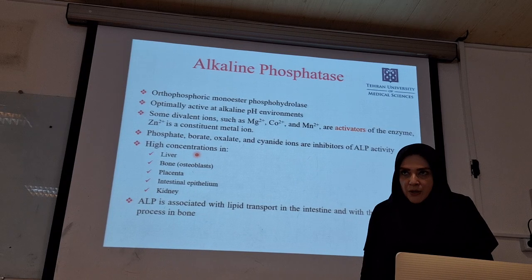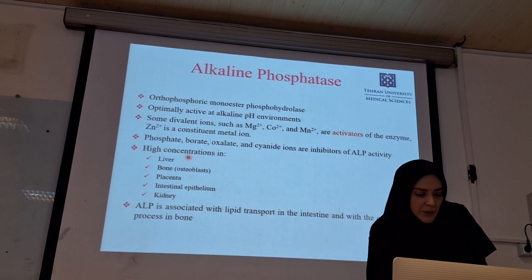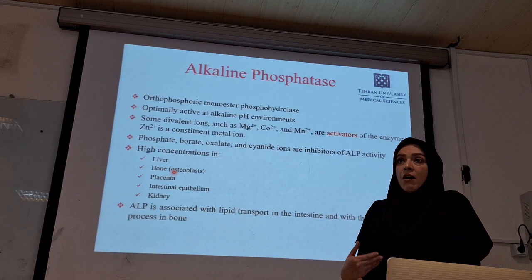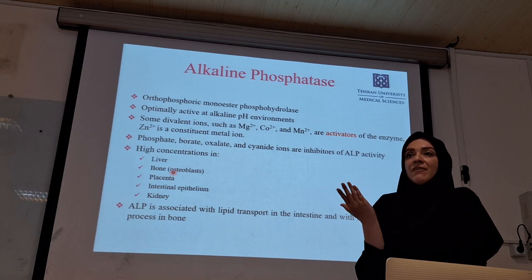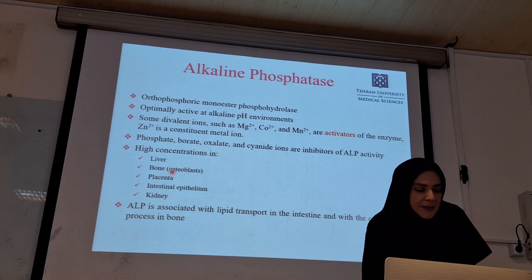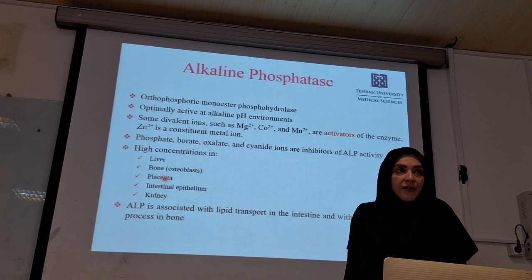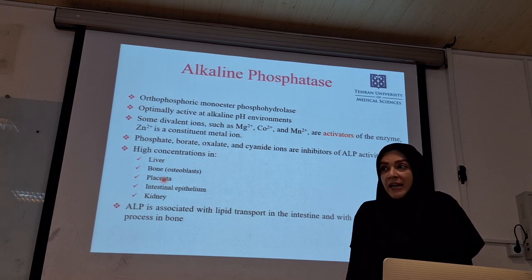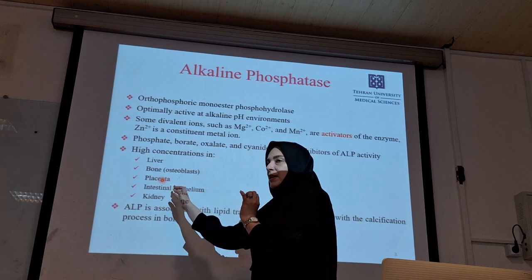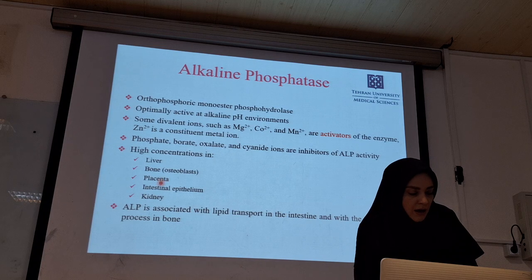And I review these points. We have this enzyme in several organs. For example, we have a liver-specific form, and a bone enzyme, especially from osteoblast cells, okay? And we have the placenta, so especially during the third trimester of pregnant women, because of the large size of the placenta, they produce a normal amount of alkaline phosphatase.